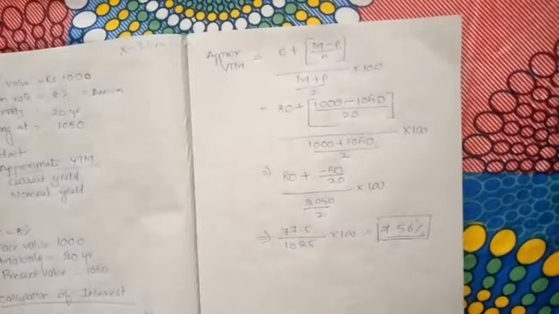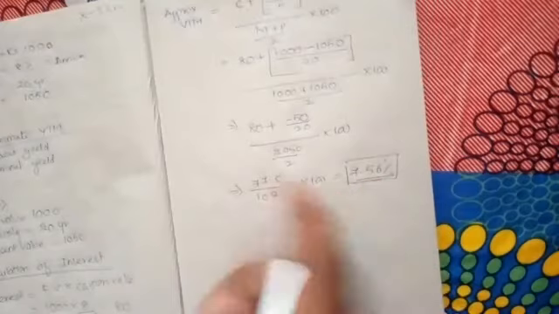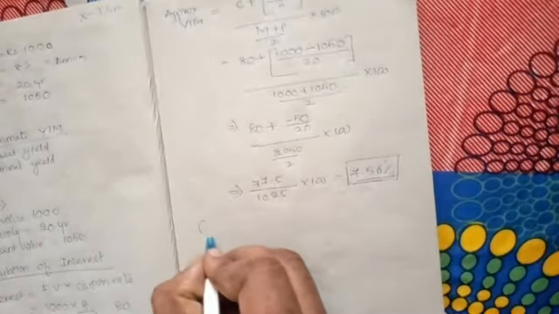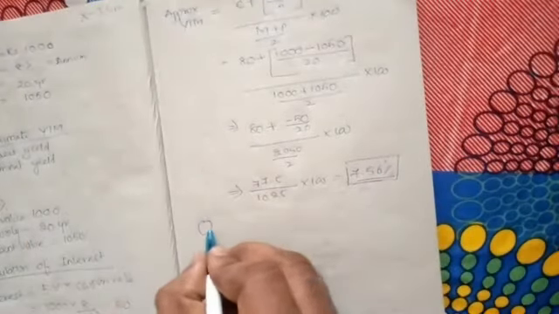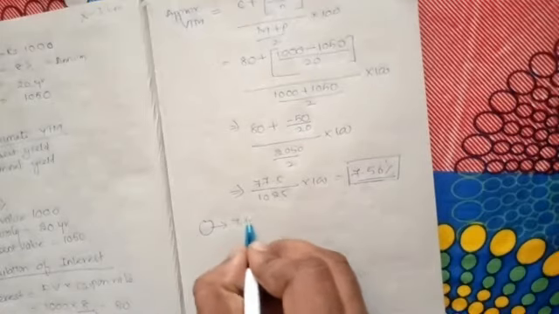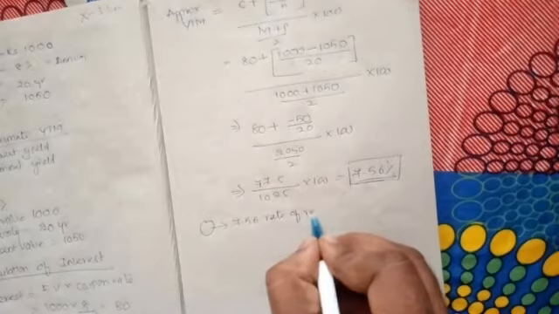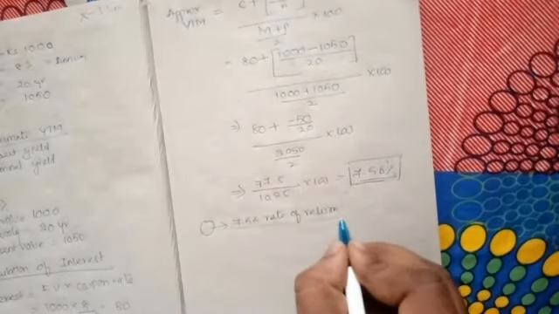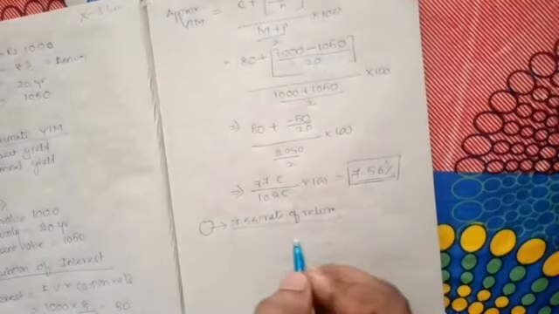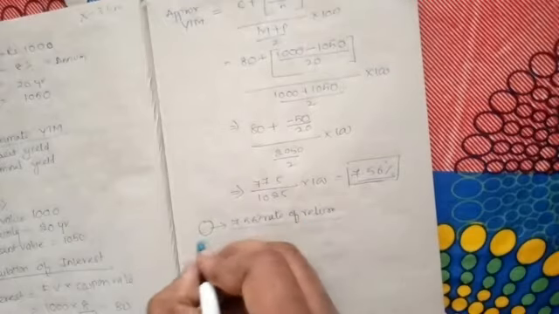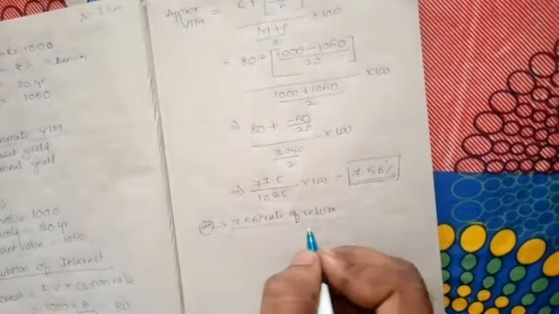This is the approximate YTM, meaning whatever amount you invested, that is 1000 rupees, on that you are getting a 7.56 rate of return. You got my point?